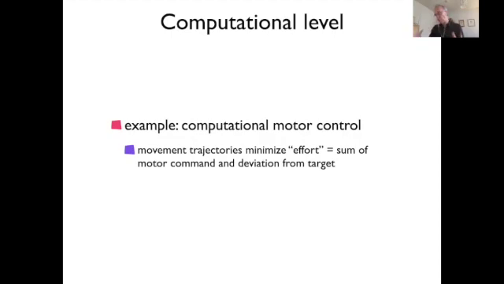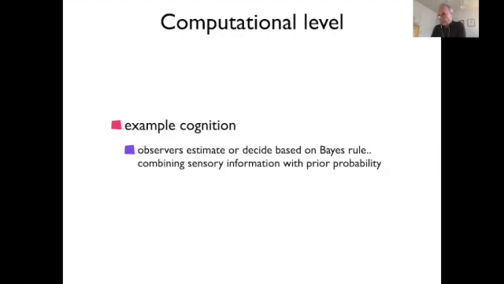Have a model of the physics of the system that moves. You minimize the motor command, you minimize the deviation from some target parameters, like reaching a target in a certain time, and then you get certain kinds of trajectories. And if you then compare those trajectories to human trajectories, maybe they match, and then you say, well, that's a principle. We don't know exactly how it's done, but somehow the movement is such that it minimizes that quantity. That's the sort of thinking. And there's similar stuff in cognition proper.